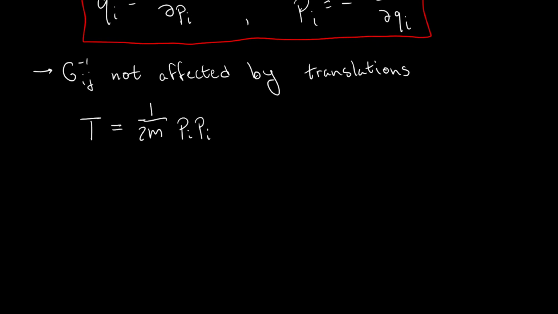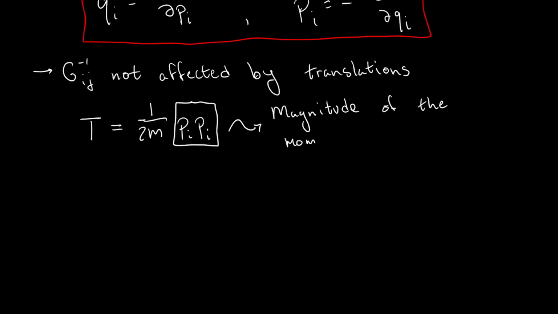If you notice, this here is the magnitude of the momentum vector. And one thing we know about a magnitude is it's just a fixed thing. It's just a number. It doesn't have any direction. It doesn't have any preference like that.